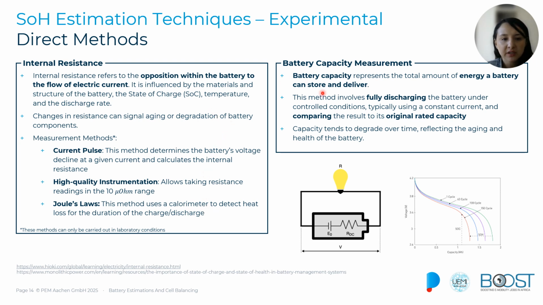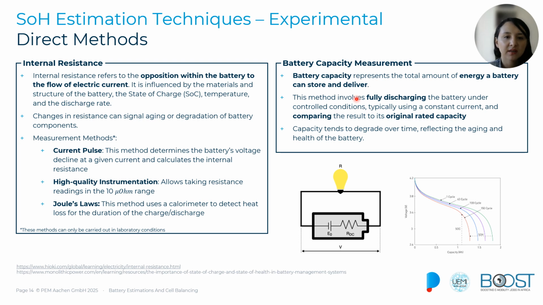And the other direct method for estimating the state of health is the measurement of the capacity. Here, what we have to do is fully charge the battery under controlled conditions, and then fully discharge it at a constant current until it reaches its cutoff voltage, all under very precise conditions.